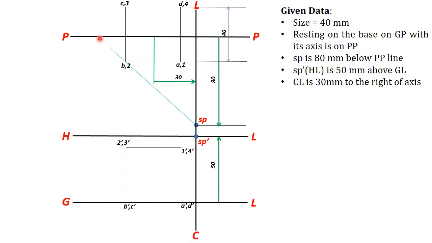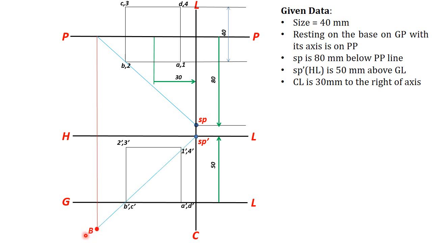Then draw a perpendicular projector line from that intercept on PP. Now in the front view also you should extend the visual rays up to this perpendicular projector line, and only then will you get the perspective point of B. If you want to find the perspective point of B, draw the front view visual ray from SP dash to B dash and extend it up to this perpendicular projector line.